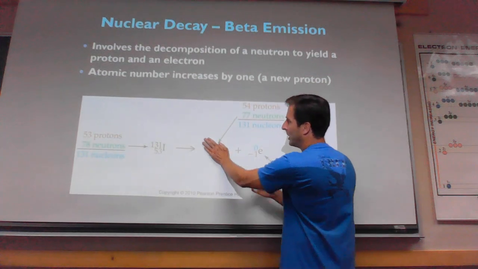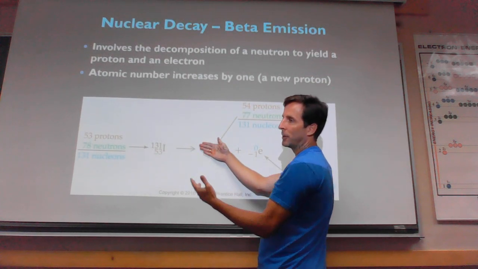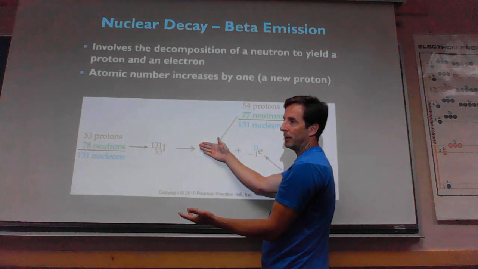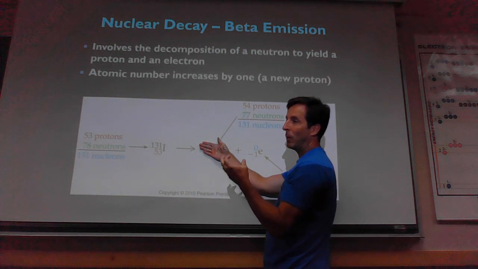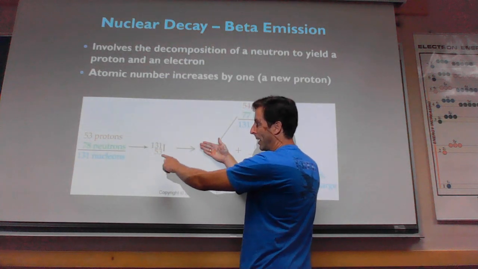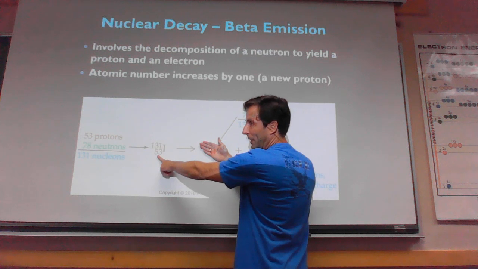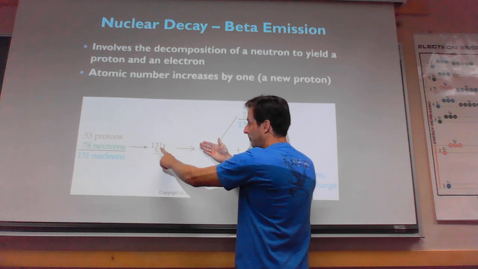So, let's just say you were told iodine 131 undergoes beta decay. You know that iodine 131 is your starting material, your reactant. So you write iodine 131, the atomic number is 53, so you write out your symbol.